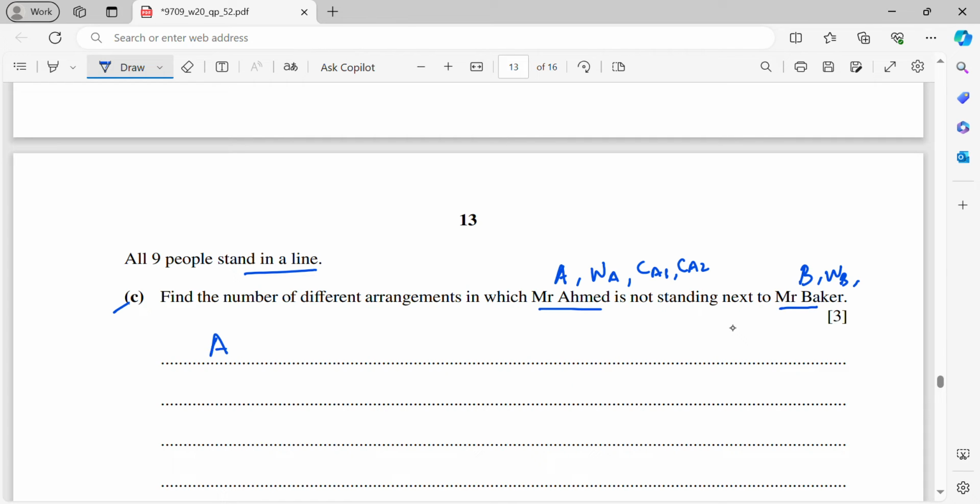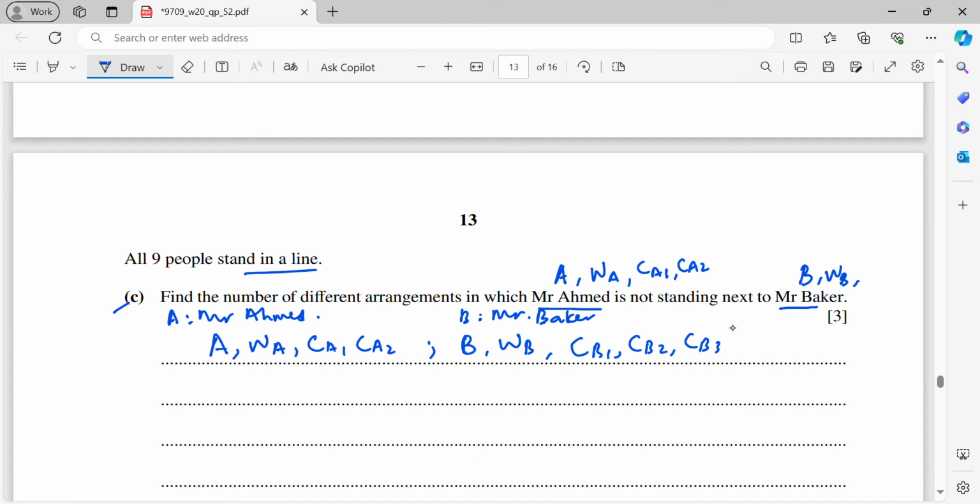C means children, W means wife, A means Mr. Ahmed, and B means Mr. Barker. There are 3 children here. Okay, A and B are not standing together.